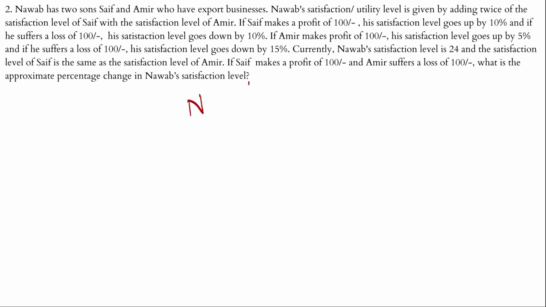Nawab's satisfaction level, or the utility level, is given by adding twice of the satisfaction level of Saif with the satisfaction level of Amir. Okay, so twice of Saif and one time of Amir.